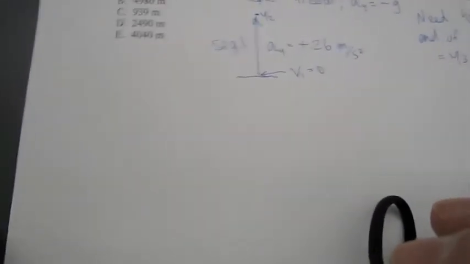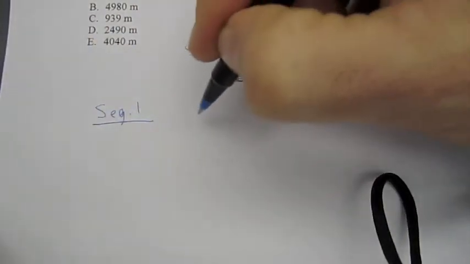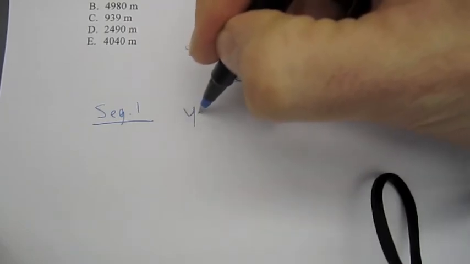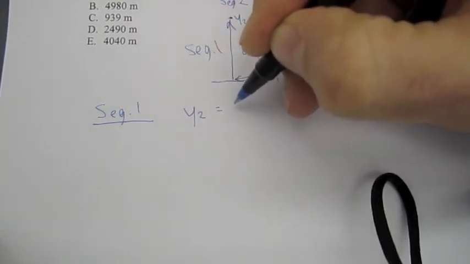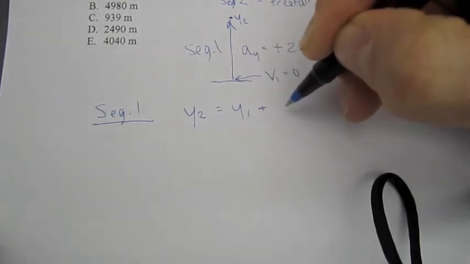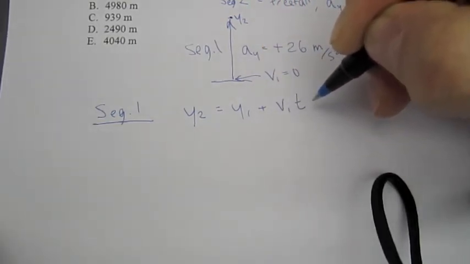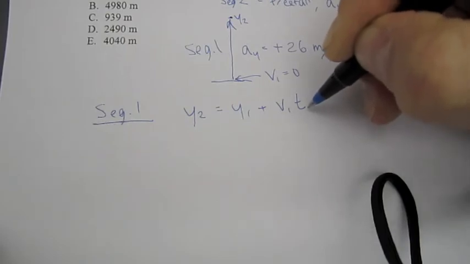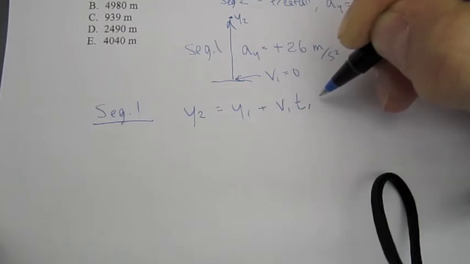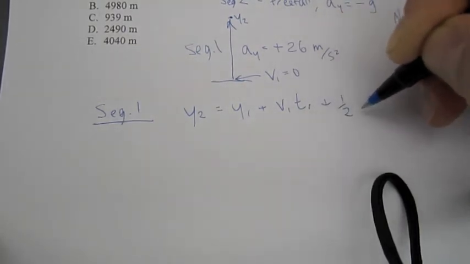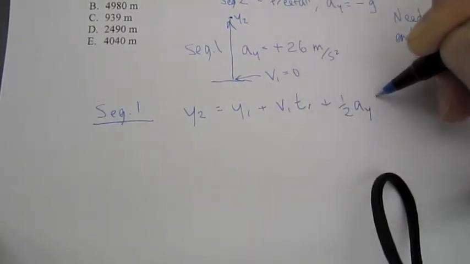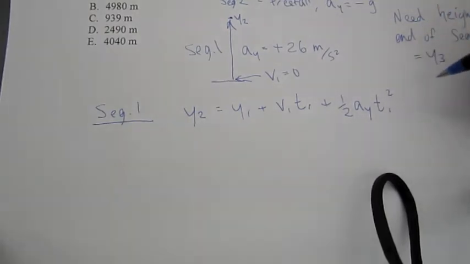So let's start writing out our equations here. Segment 1: y2 is equal to y1 plus v1 t1 plus 1/2 a sub y times t1 squared.